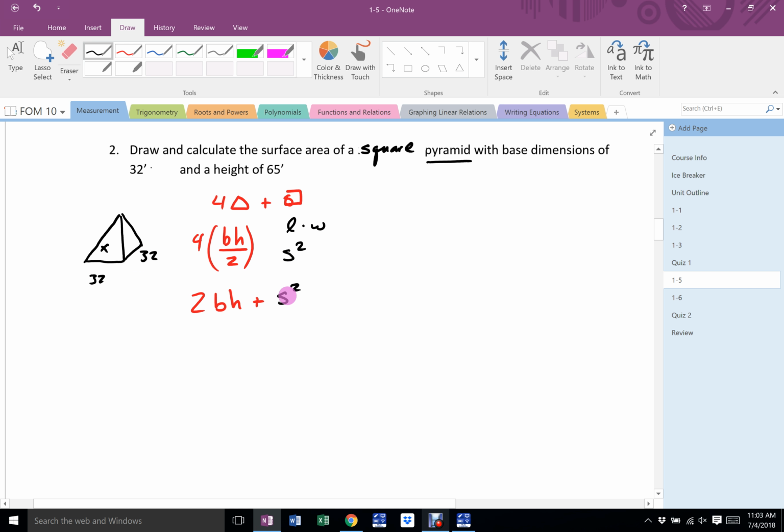Now there's a problem with that, because when you look on your sheet, it gives you a formula for a square-based pyramid. And what is that formula? Look on your sheet, find it, tell me what it is.